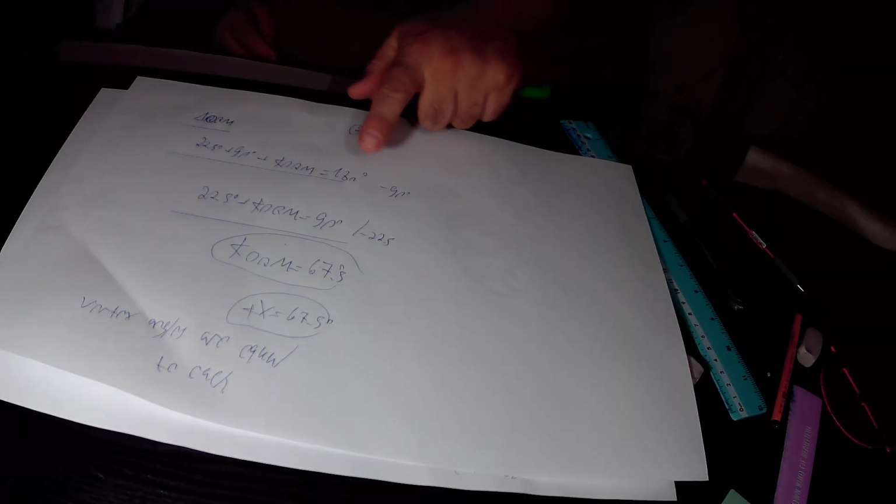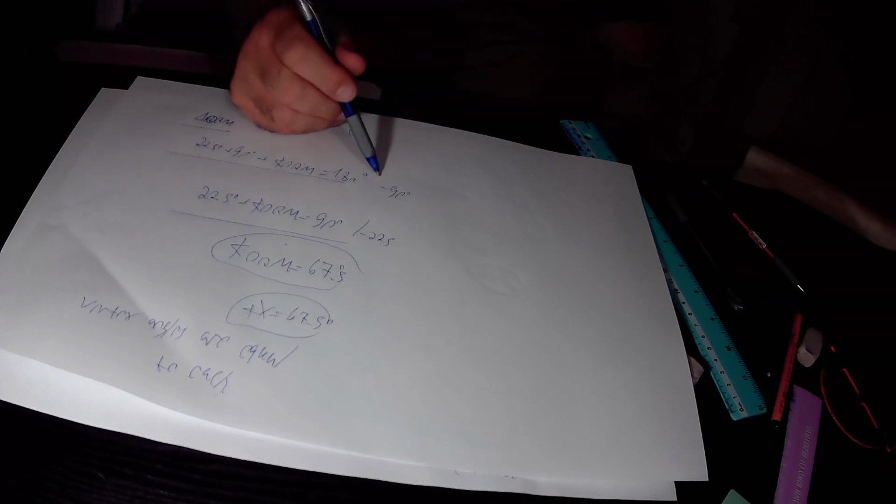In total, the sum of those three angles must be equal to 180 degrees according to the rule that says that the sum of the angles in any triangle is equal to 180 degrees. That is to say 22.5 degrees plus 90 degrees plus the size of the missing angle OQM.